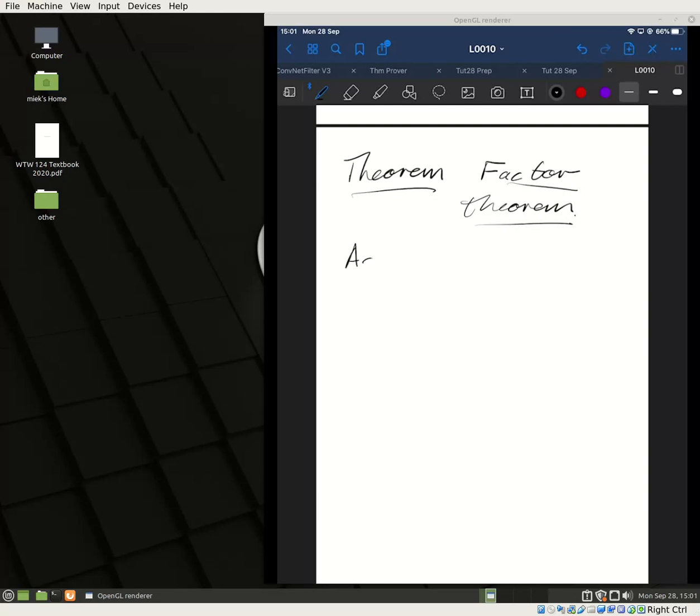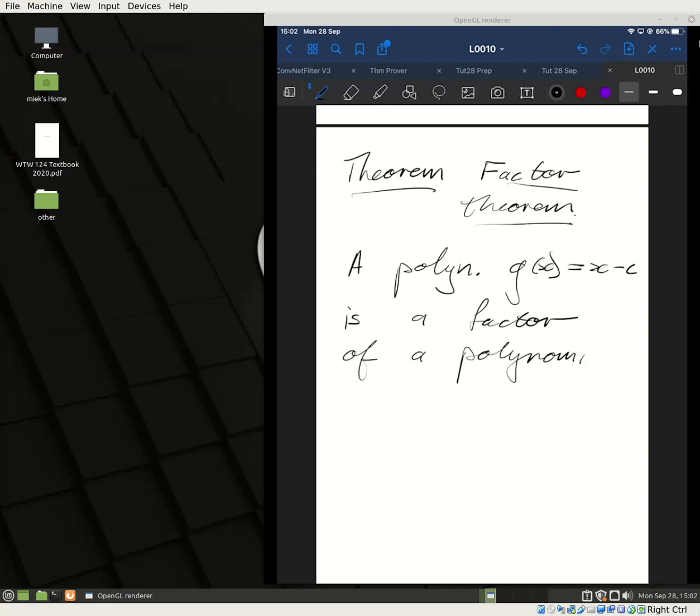So a polynomial g(x) defined as x minus c is a factor of a polynomial f(x) if and only if f of c is equal to 0.